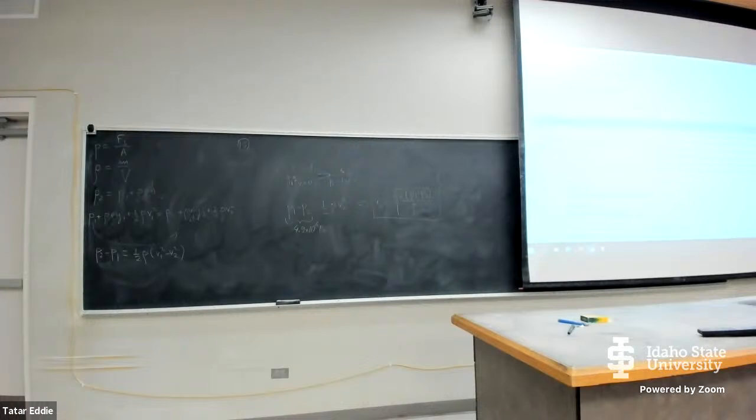So this is another example of Bernoulli's equation application. It's not much different from the previous one, but still you need to realize what are the numbers that they give you and where they live.